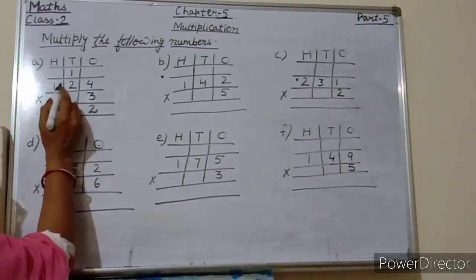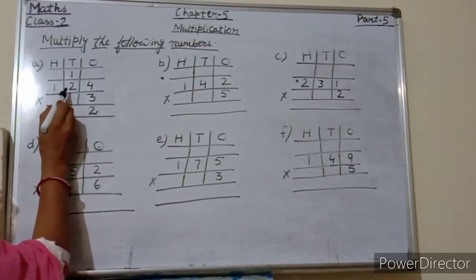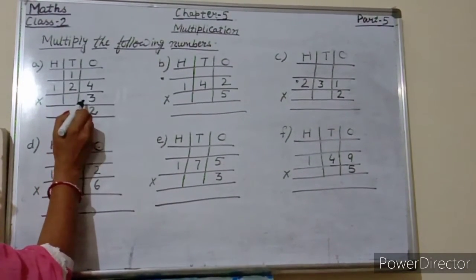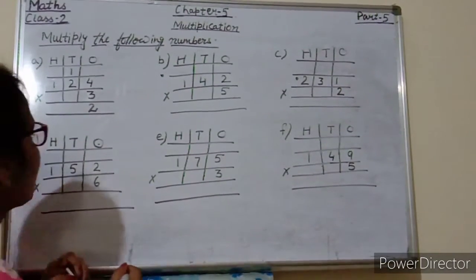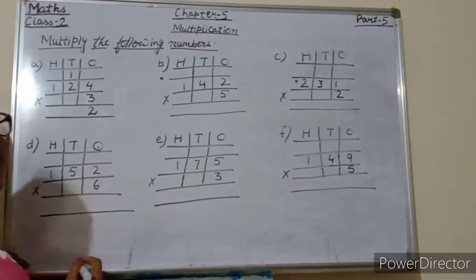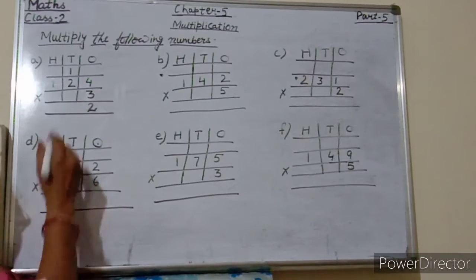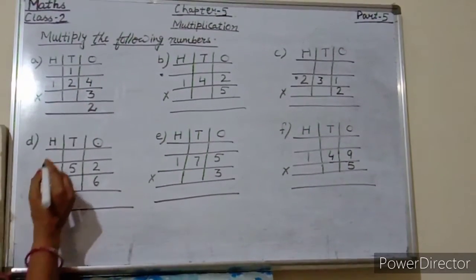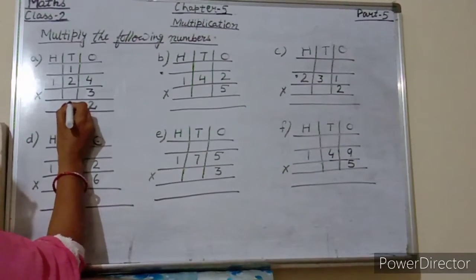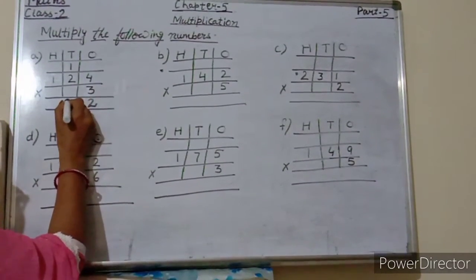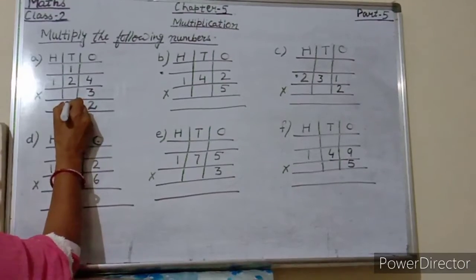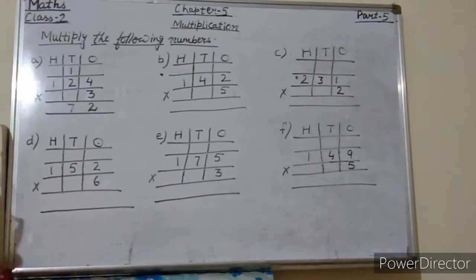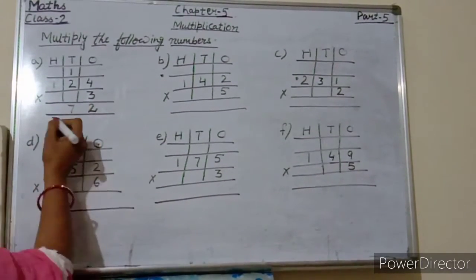Now come to the tens place. 2 tens into 3, 6 tens and 1, 7 tens. So here we will write 7 under the tens column.